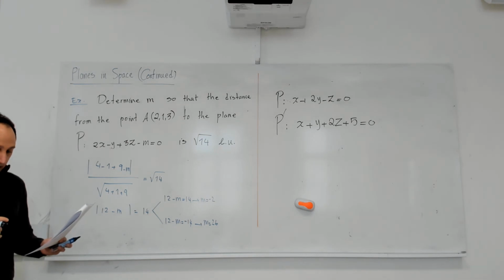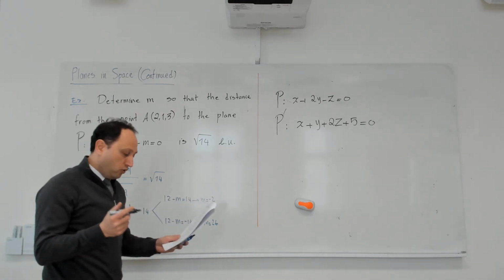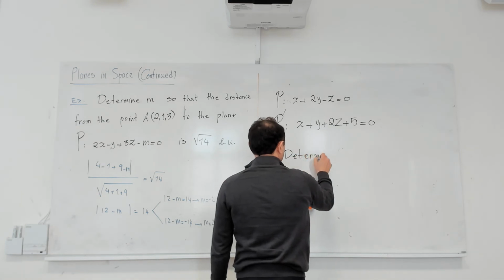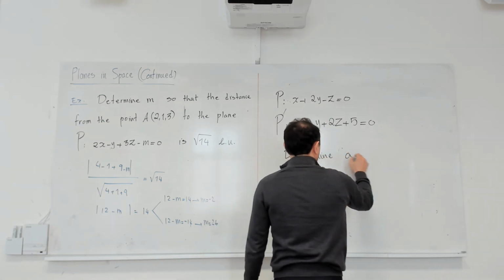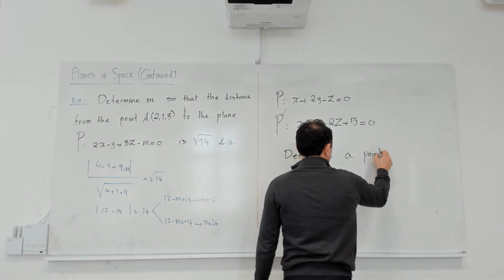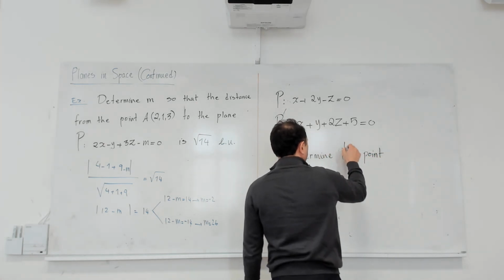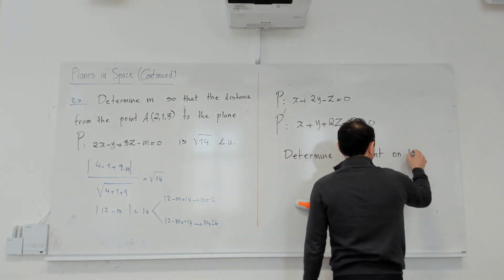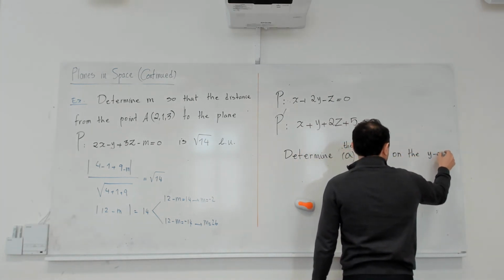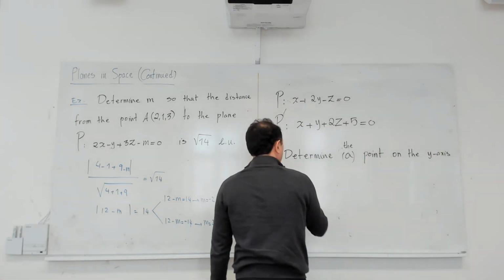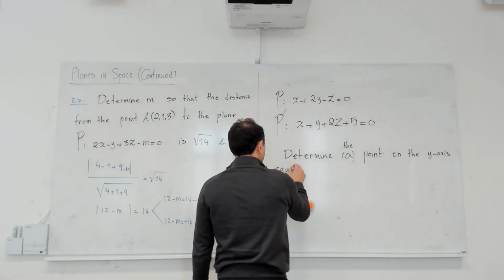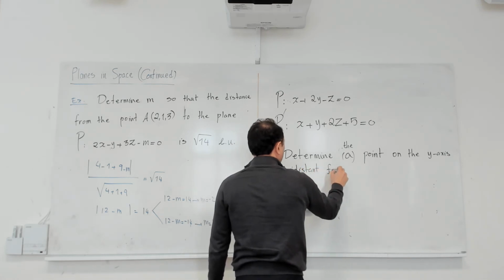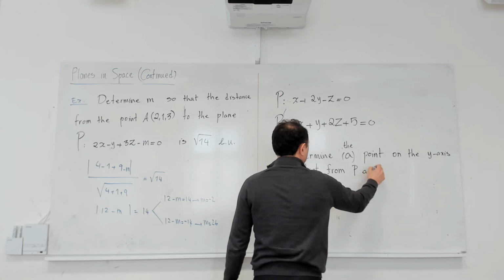The question is: determine a point on the y-axis equidistant from P and P prime.